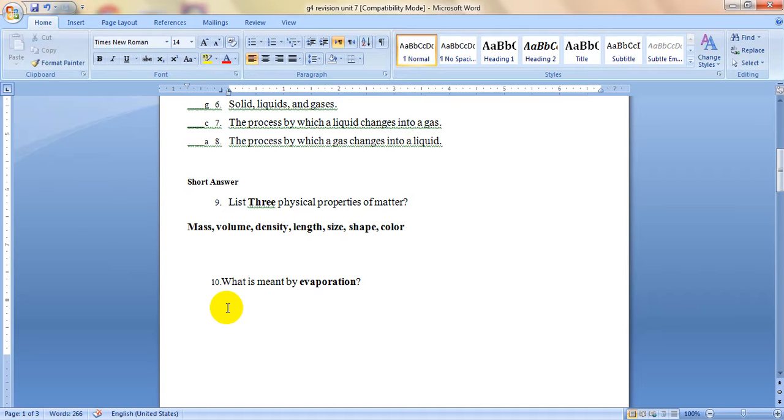Let's write everything about evaporation. It's a physical change, a process by which a liquid changes to be a gas.